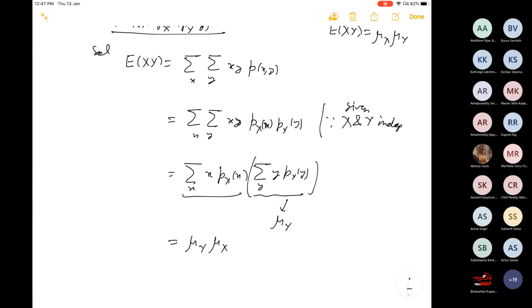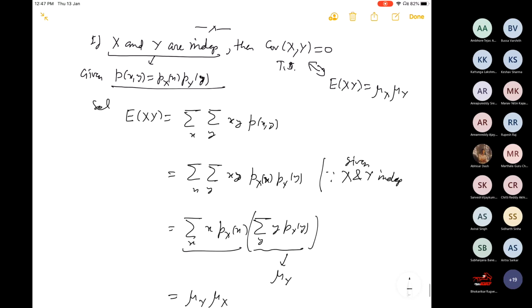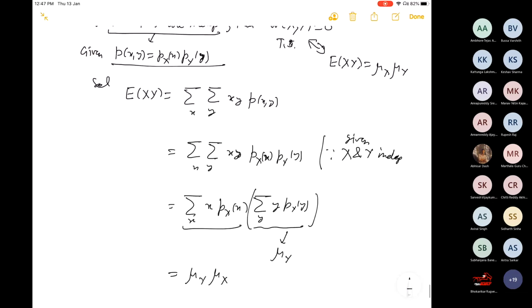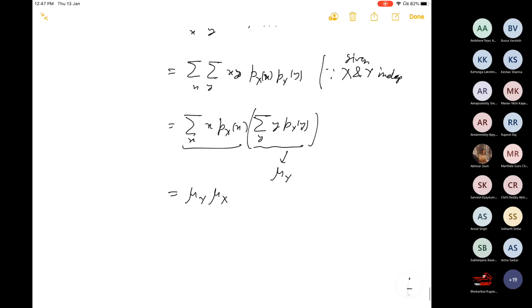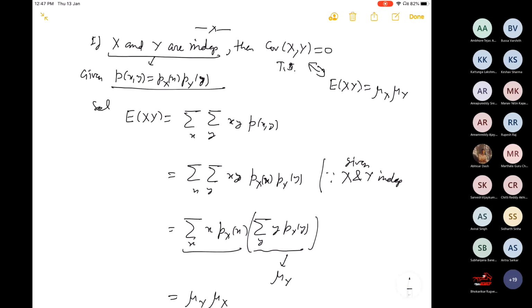Therefore we have shown that the expected value of xy equals mu x mu y. That means covariance is 0 if x and y are independent.